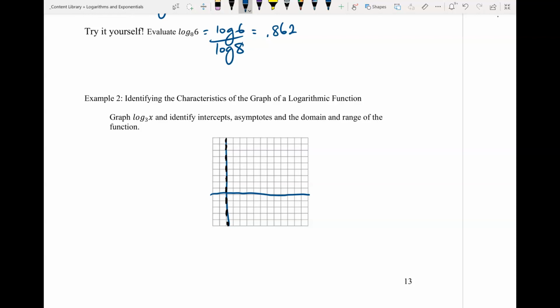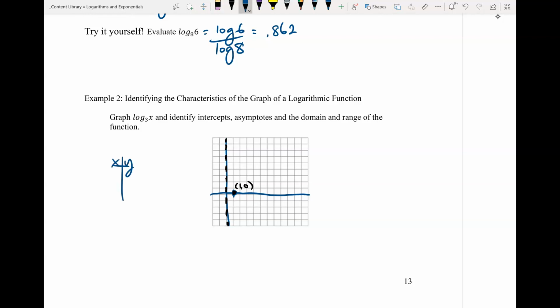Before, on our exponential graph, we had a point at 0, 1. And if I want to find the inverse of that, it would be a point at 1, 0. Then if I want to find another point, I can do a table of values on the side.